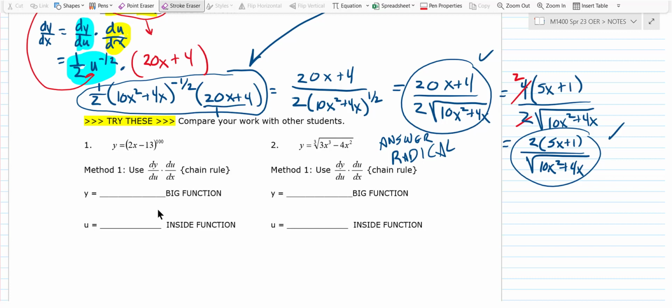You just bring it down, leave that alone, subtract 1 from the exponent times the derivative of what's inside. Same concept? So you get the same answer. There we go. You're saving yourself a step.